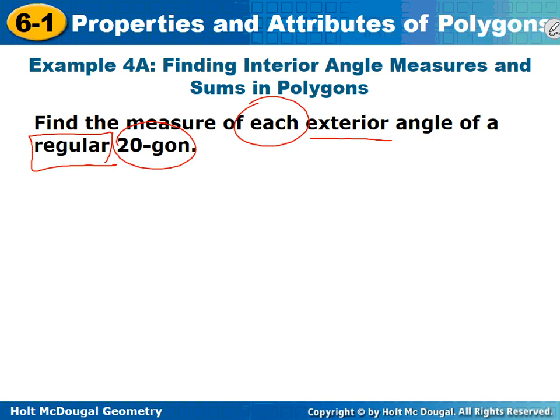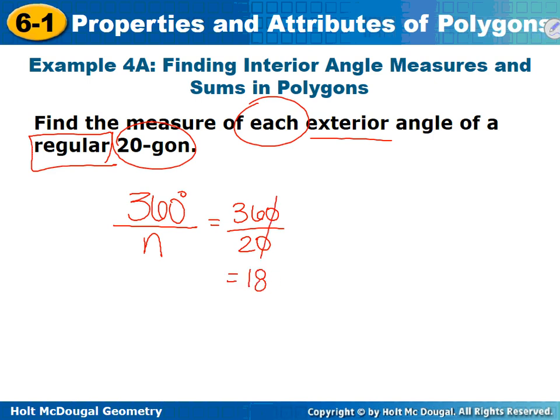It's always 360. So we know they all had to add to 360, and they should all be the same. So if I want to know what each angle is, I just take that sum and divide it by what? 20. In general, but in this case, 20. So what's 360 divided by 20? 18. Don't forget your degree symbol.